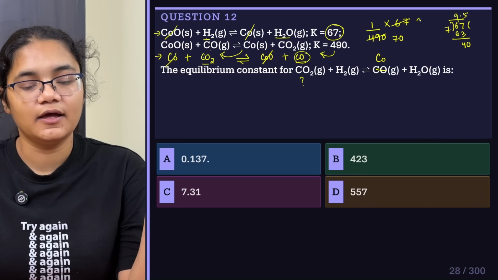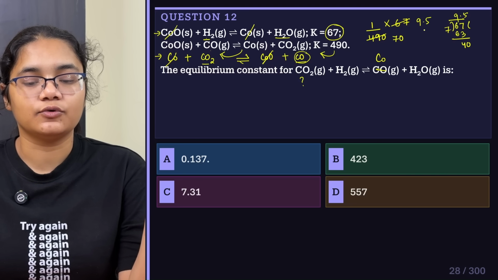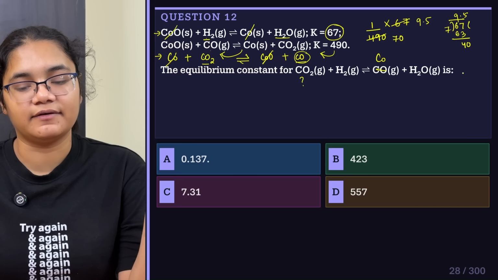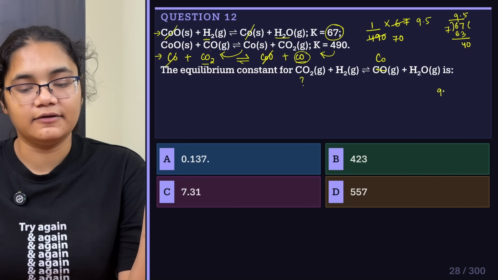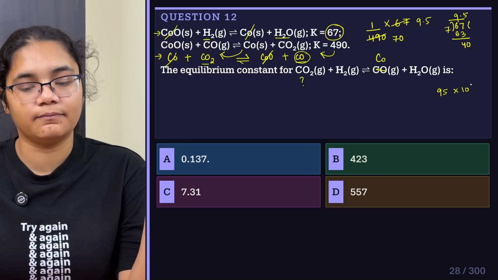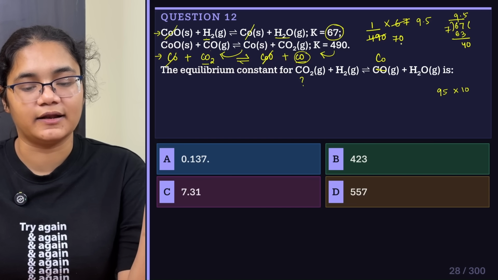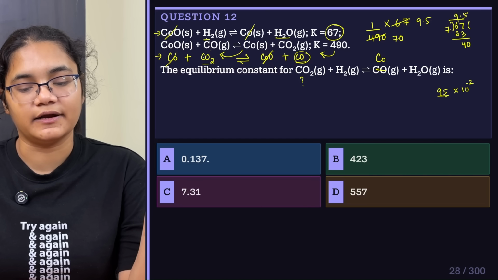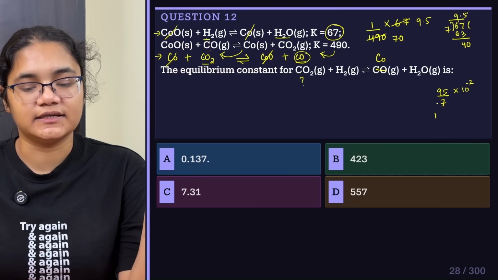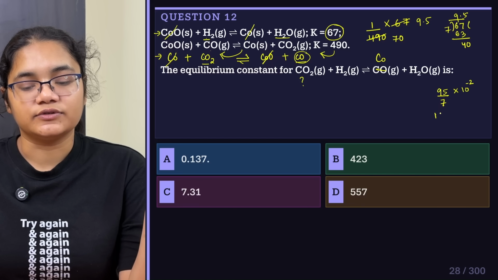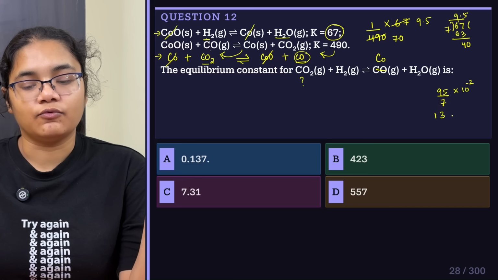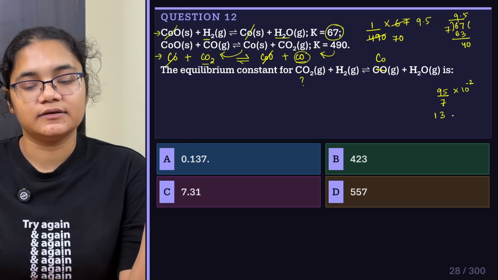So 9.5 here, right? So 9.5 divided by 7, I can write it as 95 into 10 to the power of minus 2 divided by 7. So 7 ones are 7, again I have 2, so 7 threes are 21, 4 will remain, 7 sevens are 49, right?